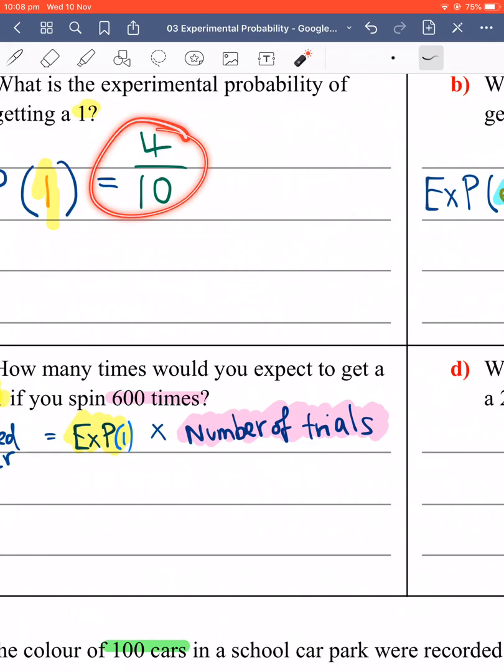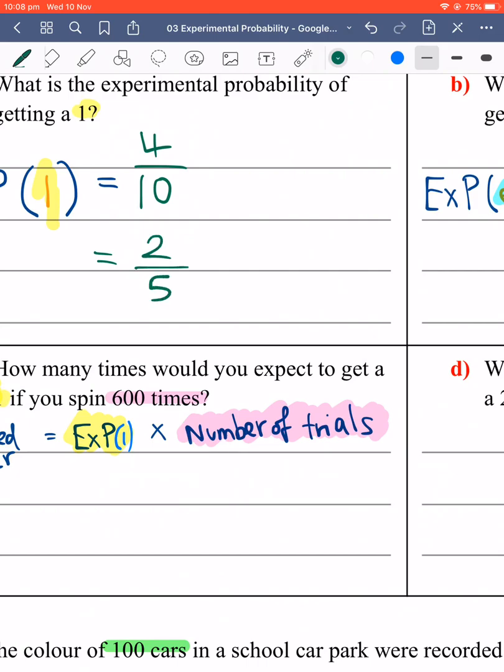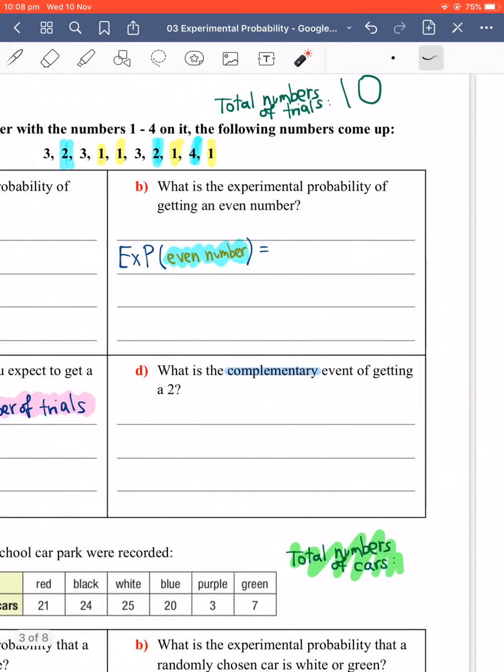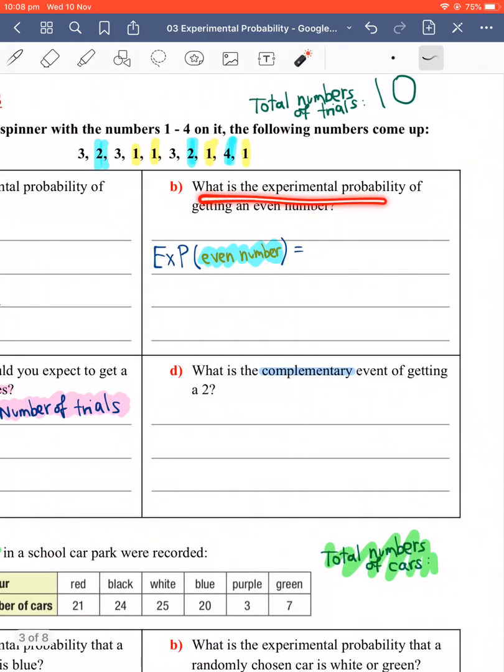The last thing you need to check is if you need to simplify it. I can actually simplify this, and I can go into 2 over 5. Once you can't simplify it any further, you can move on. Next question, what is the experimental probability of getting an even number? So even numbers are things like 2 or 4 in this case.